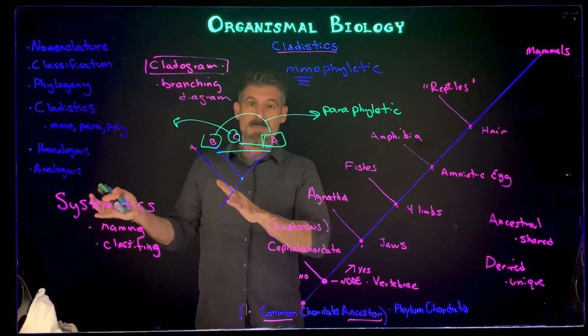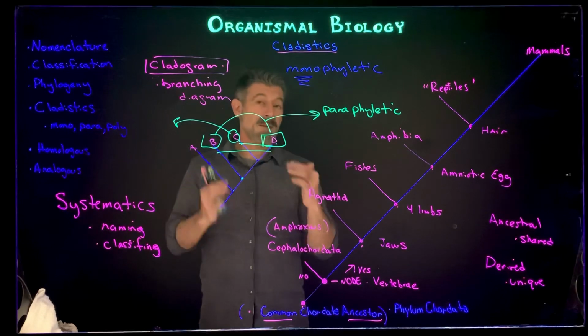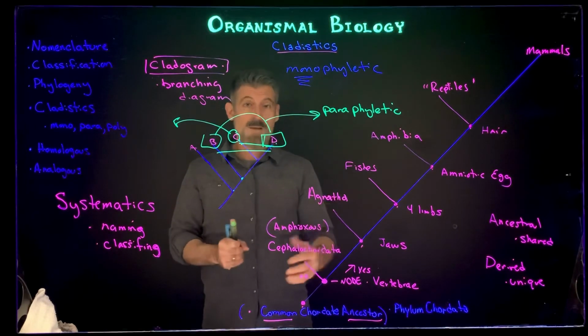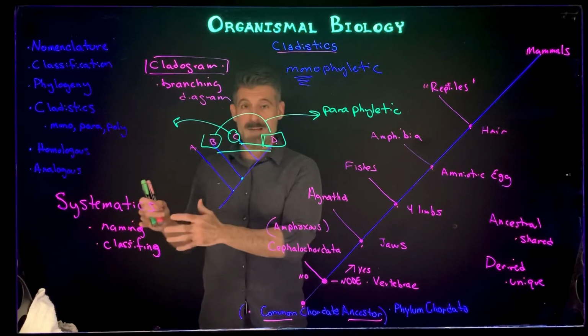The phylogeny, or what's called phylogenetic systematics, starts to look at the evolutionary relationships, including information from cladistics and fossil evidence from evolutionary timelines.